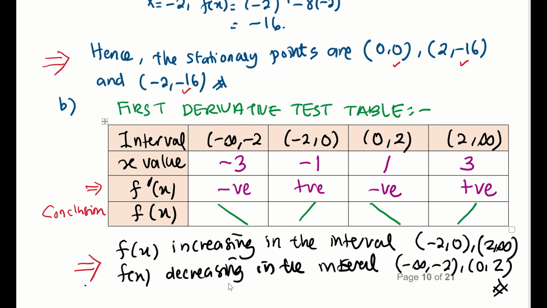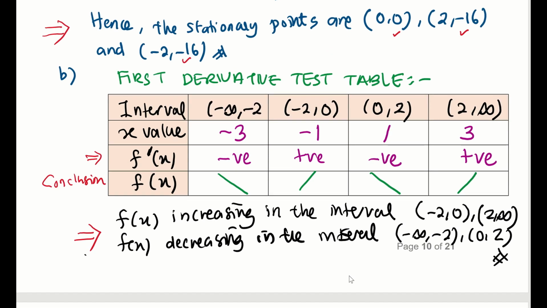So the conclusion is f(x) is increasing in the interval from negative 2 to 0 and 2 to infinity, and f(x) is decreasing in the interval from negative infinity to negative 2 and 0 to 2. So that is the conclusion for the interval where f(x) is increasing and decreasing.